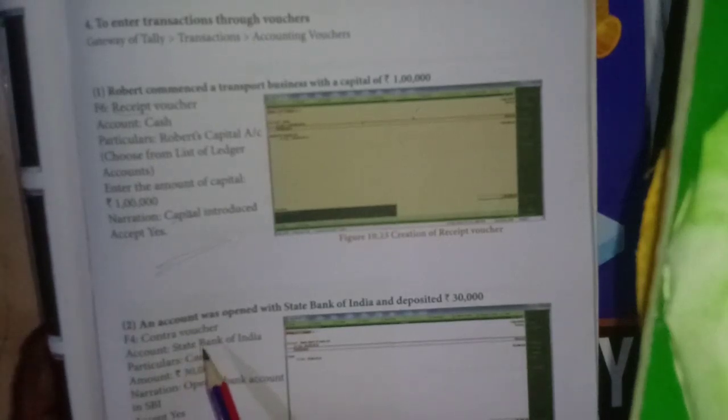Second, an account was opened with the State Bank of India and 30,000 deposited. Contra voucher. State Bank of India, we have deposited cash, so it is a contra voucher. I have told you, when we deposit cash or withdraw money, that is a contra voucher.